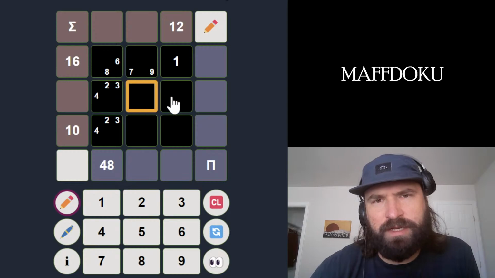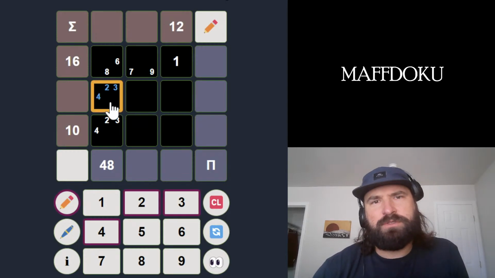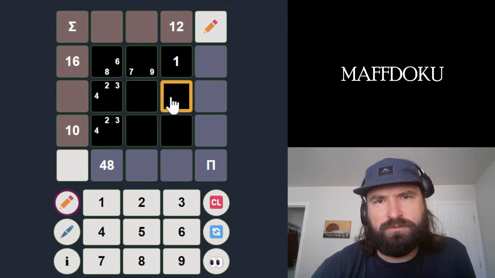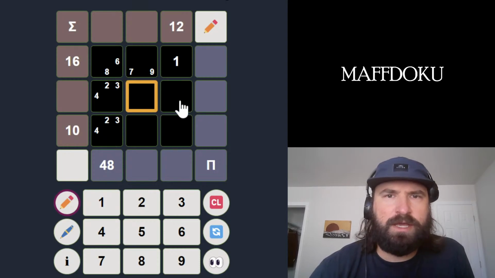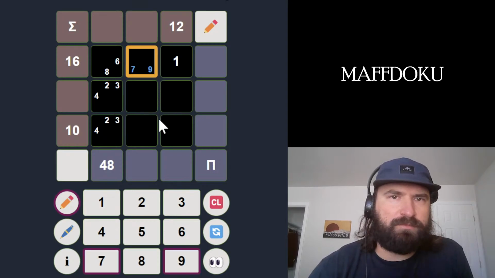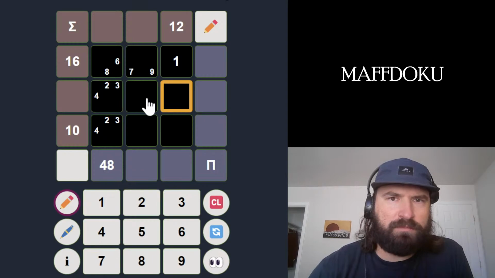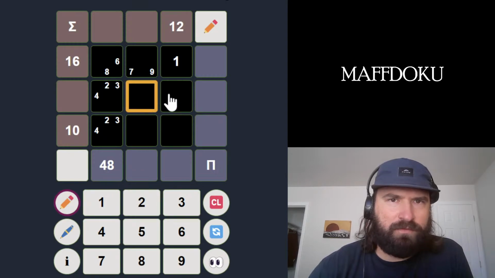Since these have to add up to 19, if this was a 3, these would have to add up to 16. Which is really hard to do, because you can't use 8, 8, so you would have to use 7, 9, and that eliminates both options for this one. So this can't be a 3. If it was a 2, these have to add up to 17, and then I have to use 9, 8, which must be impossible, right?